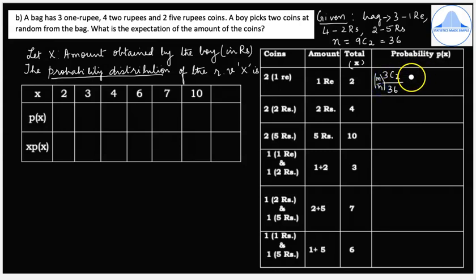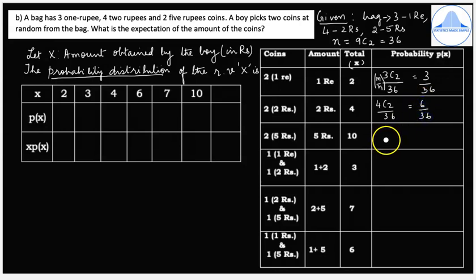So simplifying this, you will get 3 divided by 36. Similarly, what is the probability of him picking two 2 rupee coins? There are 4 2 rupee coins and he has to pick 2. So it is 4C2 divided by n, which is 36. So this simplifies to, let me just check this, it is 6 divided by 36.